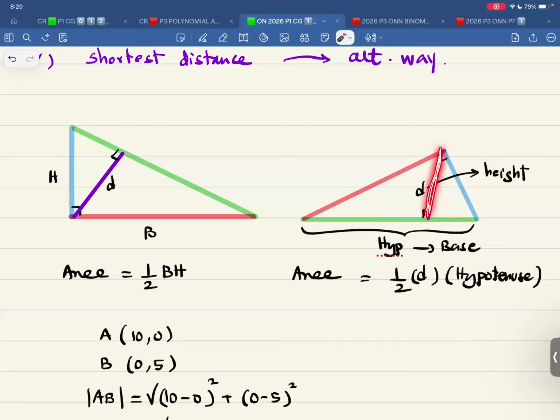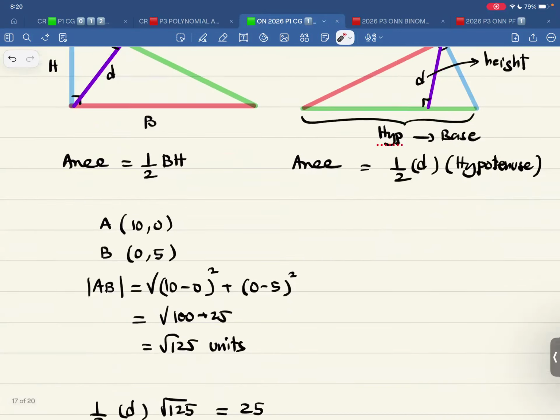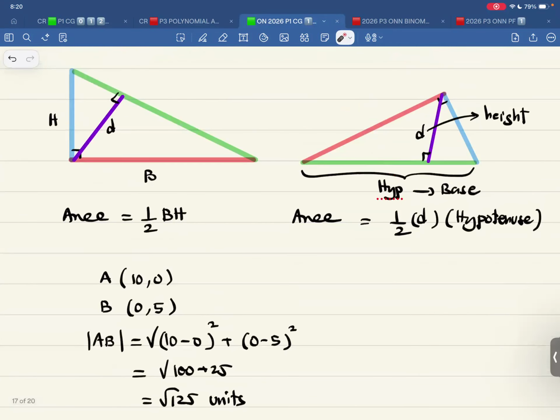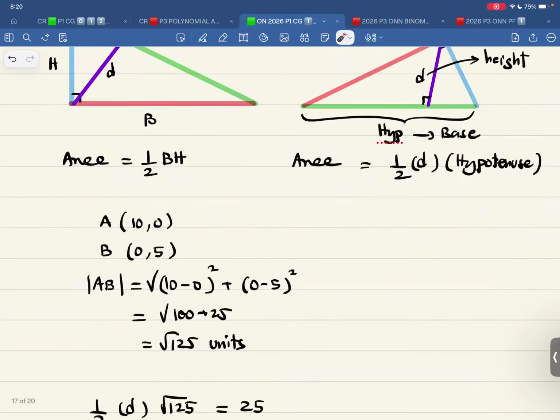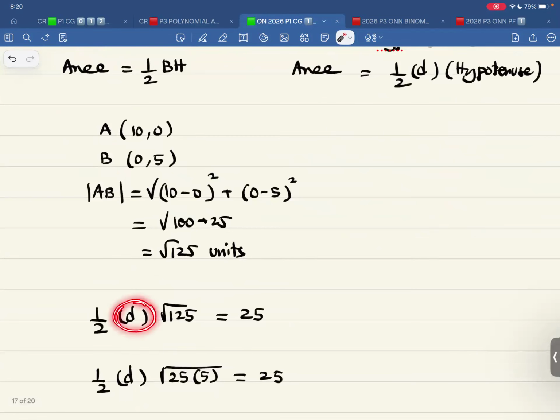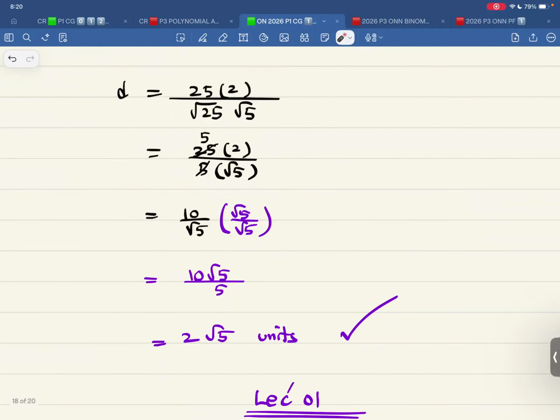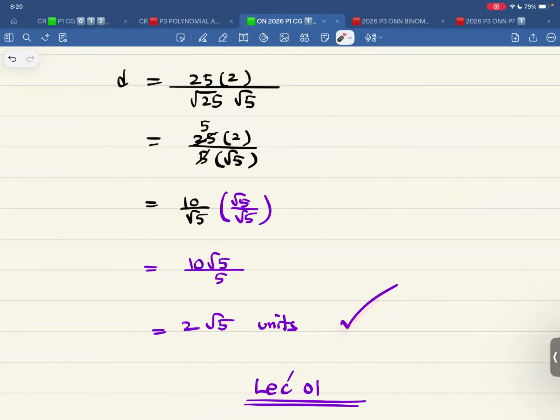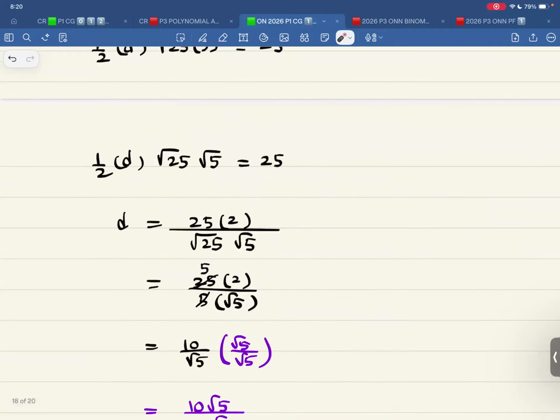The area should be the same. So if I apply this knowledge, this thing is AB. This was 5, this was 10, this is root 125. If I need the value of d, half into root 125 into d equals 25, therefore d comes out to be the exact same answer. That is where we stopped.